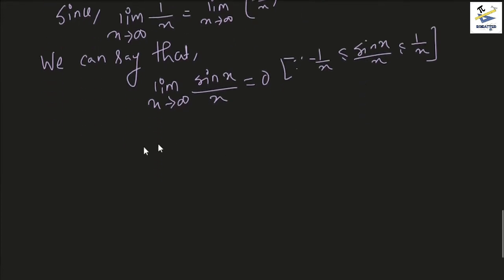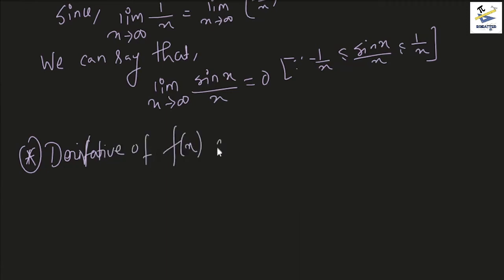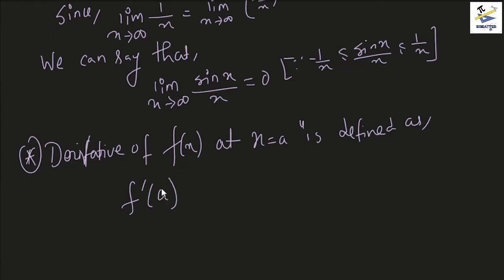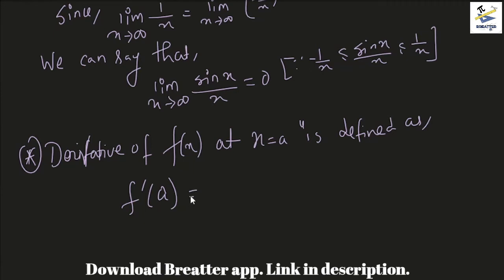Okay, for the next problem I would need a footnote here, that is the footnote of a derivative of a function f(x). So the derivative of f(x) at x equals a is defined as, I'll give you the formal definition of derivative here, and we are going to revisit it when we start derivatives, but for this problem this much information is sufficient.